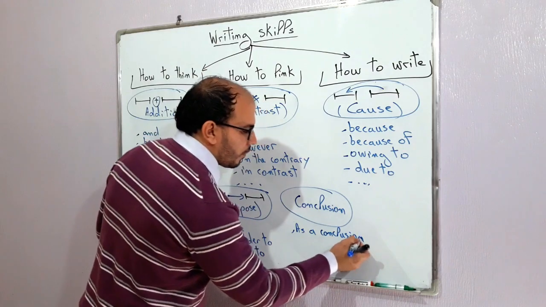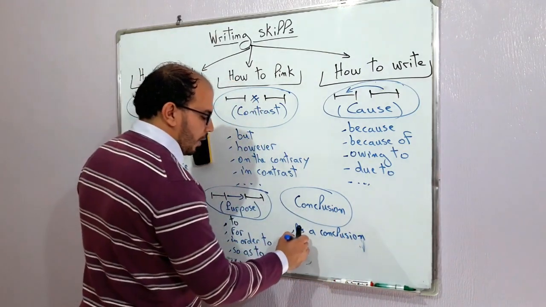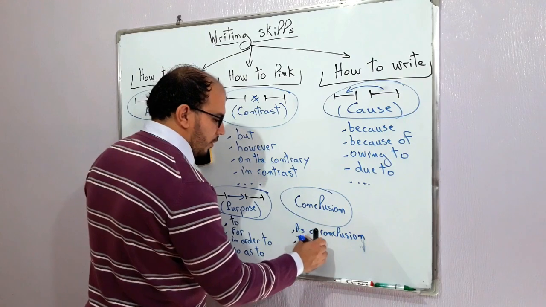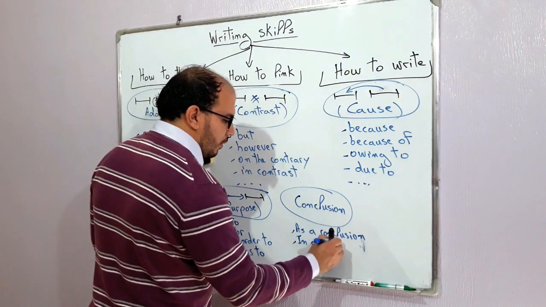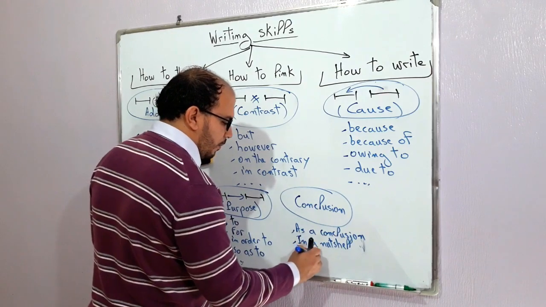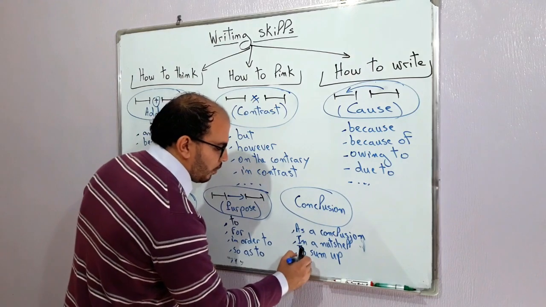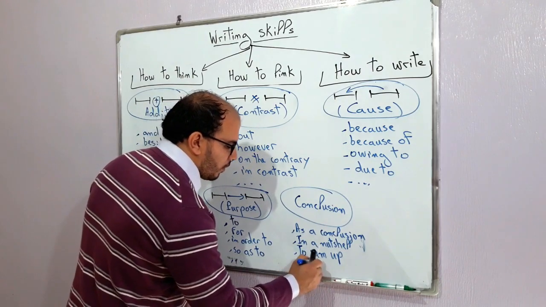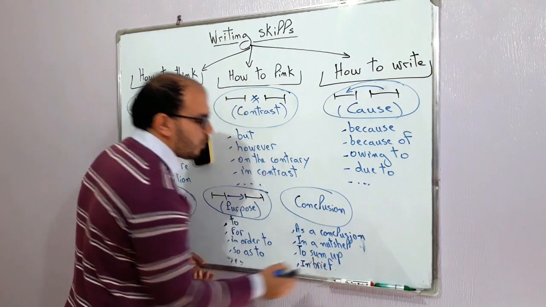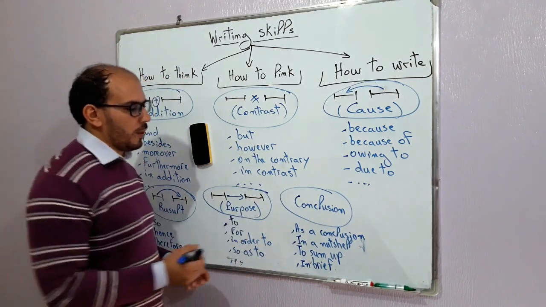As a conclusion, I can say in a nutshell. I can say to sum up. I can say in brief. And of course we have other linking words, but at least you should know these ones.